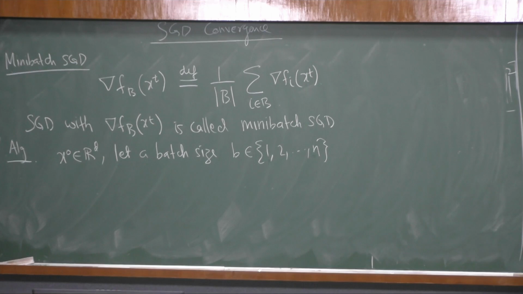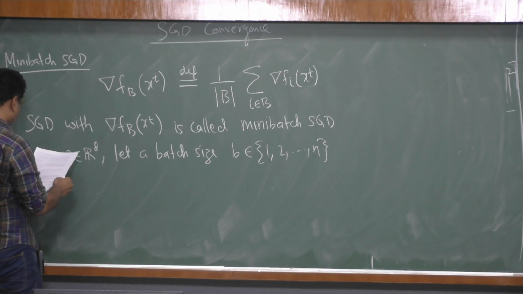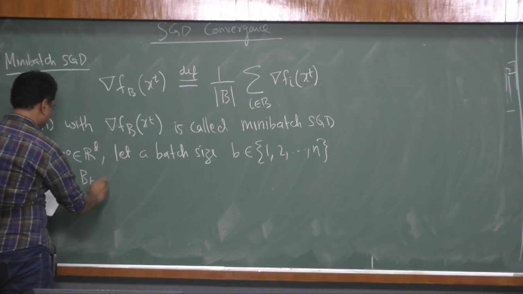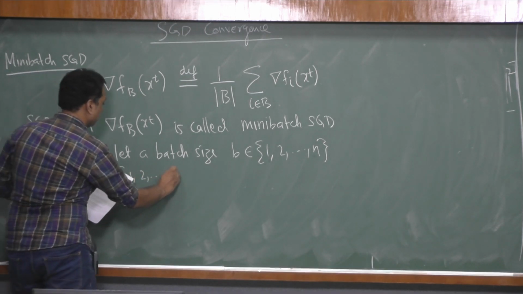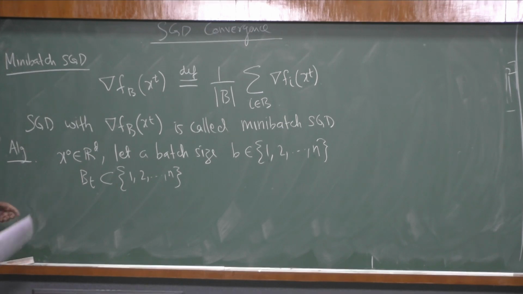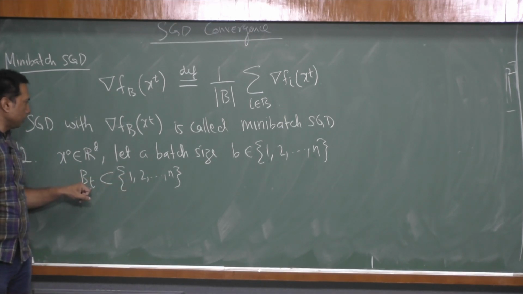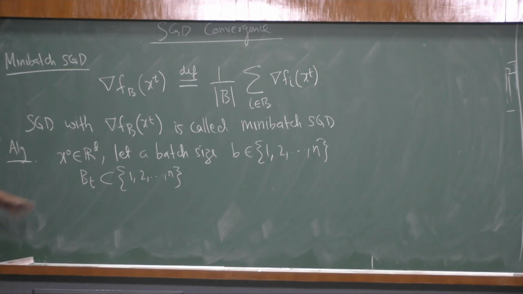So this is the mini batch algorithm where the iterates x_t. So basically you choose this B_t, which is a subset of these. So you will pick randomly a batch B_t of size b. Okay, so again it will be random.